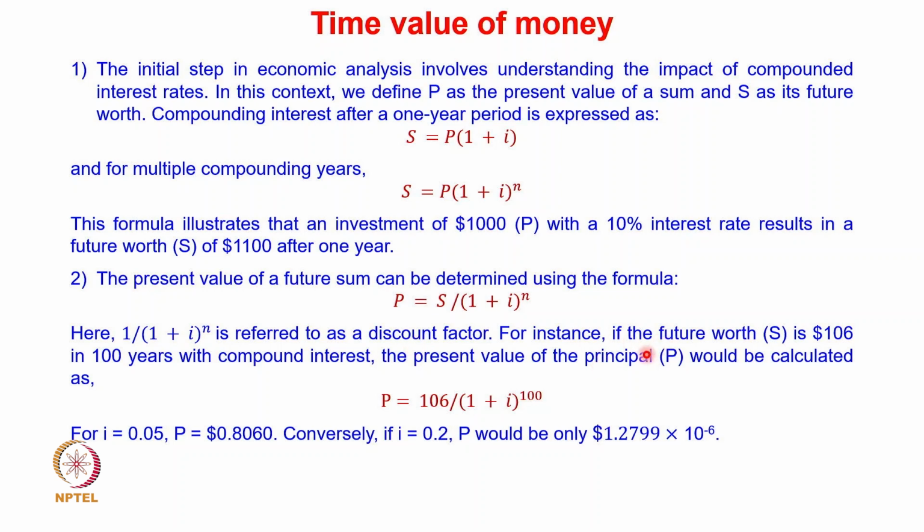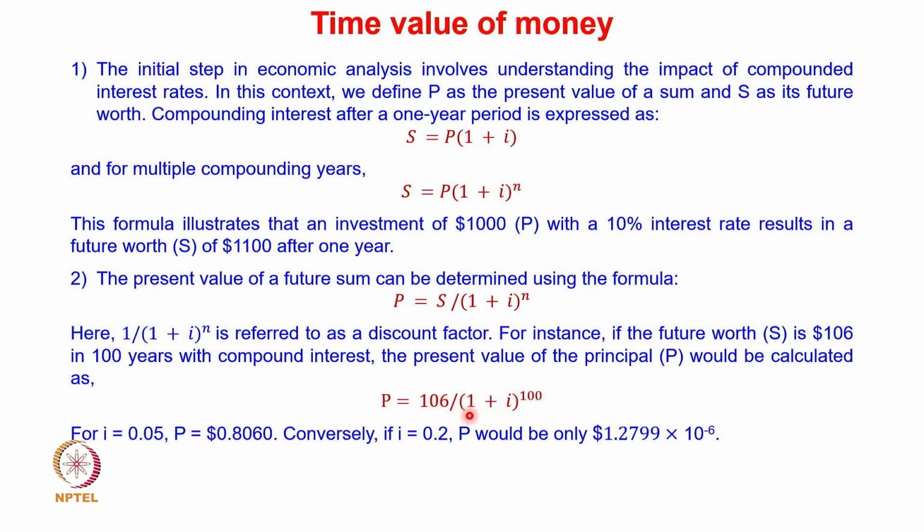So again, let's take a simple example. Let's say you are going to have $106 in 100 years with a compound interest of, let's say, 0.05%, and we want to find out the present value of the principal. We can find it directly by using this equation. So 106 we are going to get after 100 years, isn't it?